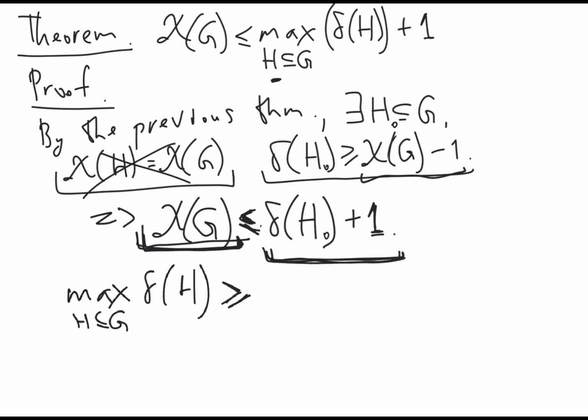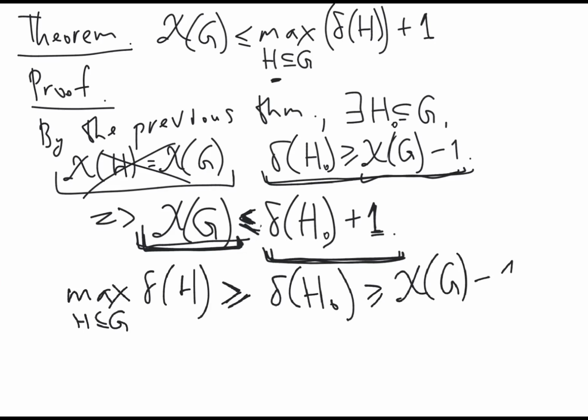The maximum for all subgraphs is greater or equal than this value for a specific subgraph. Then for this subgraph H0, we found from this that it's greater or equal than he of G minus 1.